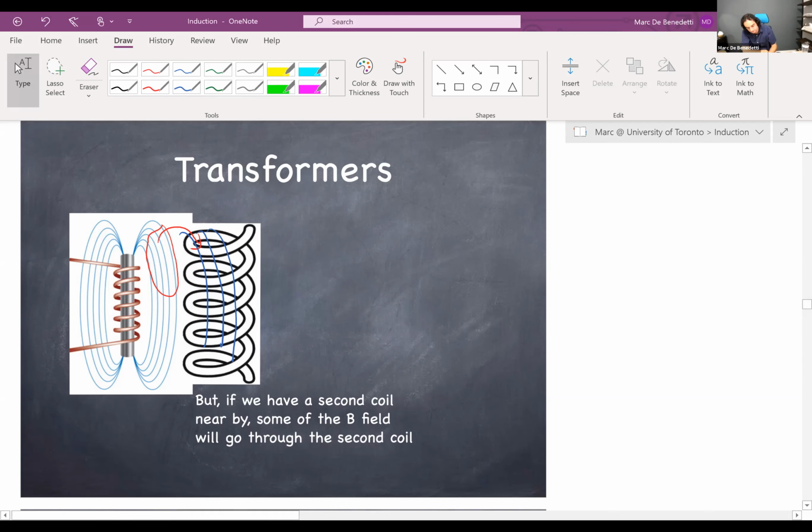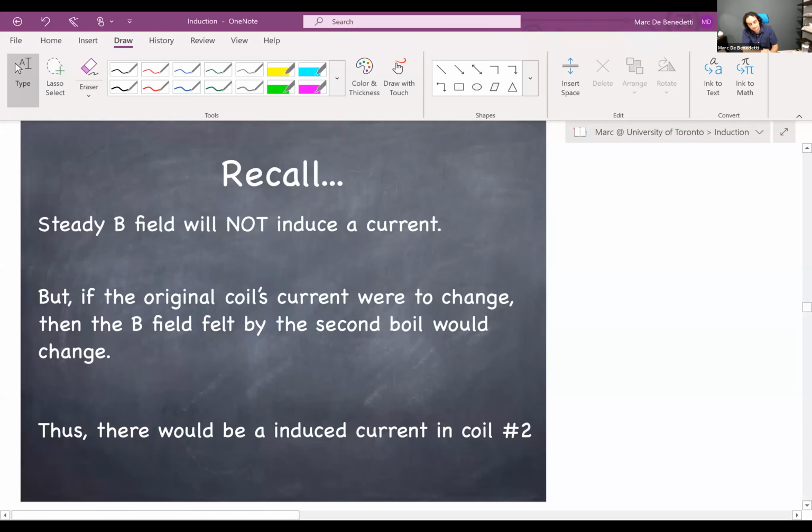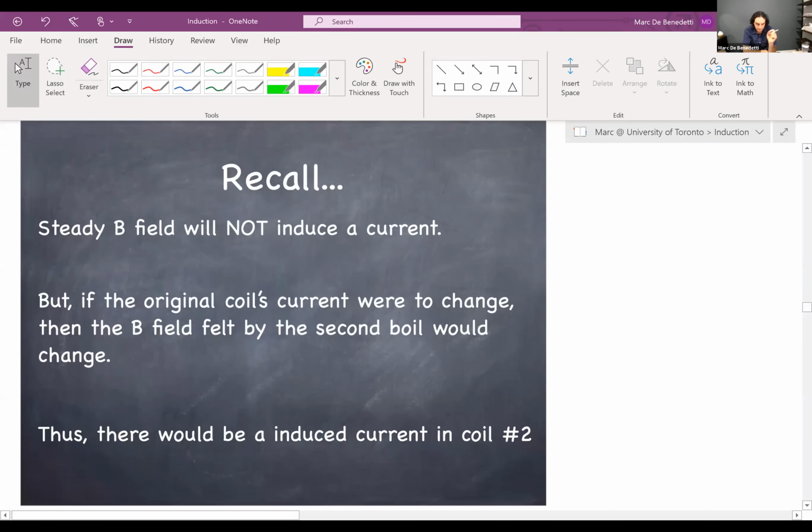Now, that's all fine and dandy, but remember, a steady magnetic field will not induce a current because Faraday's law says you have to have a changing flux. So maybe in the process of moving the coil in, yes, there will be a brief change in flux. That is true.